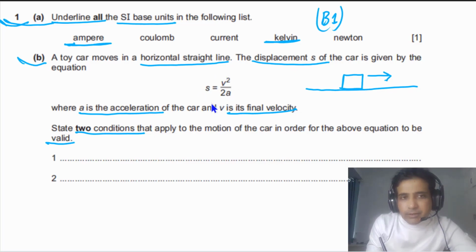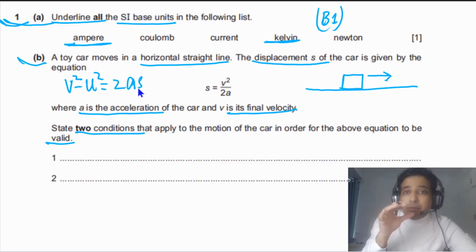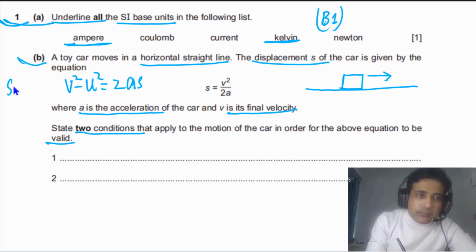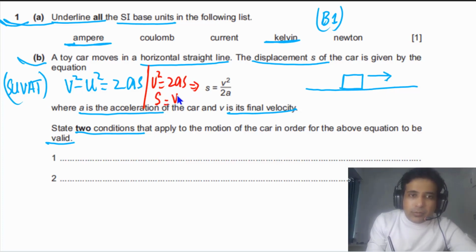If you look at this equation carefully, we can figure out that this is coming from V squared minus U squared equals 2AS from kinematic equations, or simply from the SUVAT equations. We have 5 equations, and this is one of them. If we compare these two, we can find that if U is equal to 0, then V squared will be equal to 2AS, and then we can make S the subject and write S equals V squared divided by 2A.